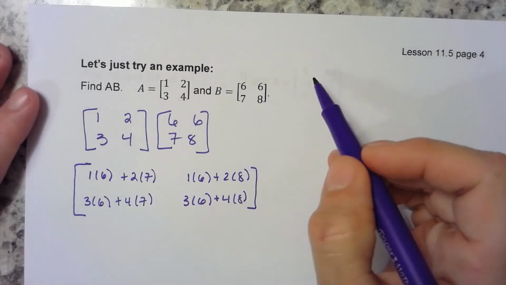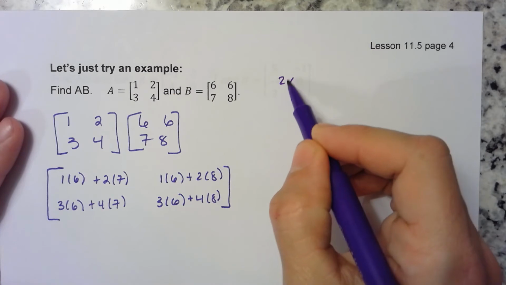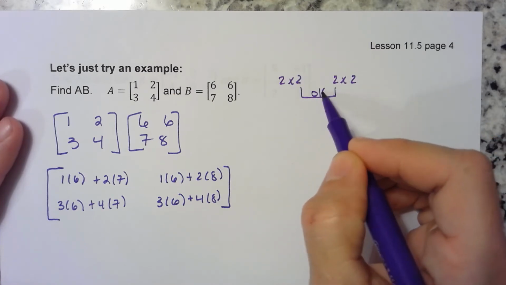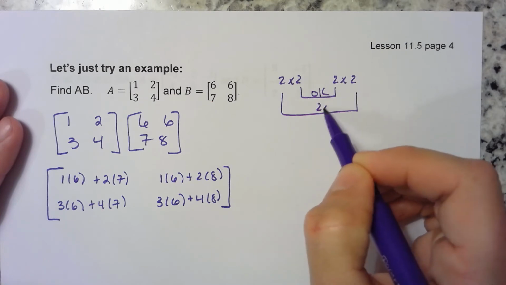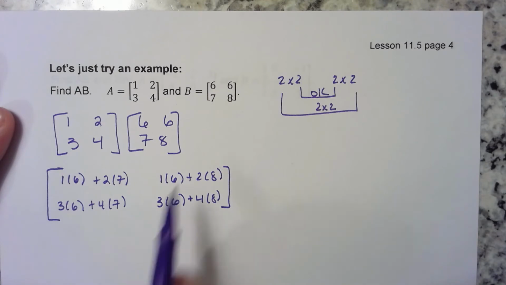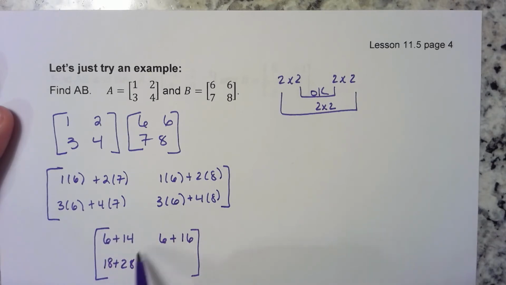Now I didn't show you this because these were both square. They're both 2 by 2. If you have a 2 by 2 and you multiply by a 2 by 2, this says you can multiply them, and this says your answer is going to be a 2 by 2. So you can see we have a 2 by 2 going on here. This is going to be 6 plus 14, 6 plus 16, 18 plus 28, and 18 plus 32.